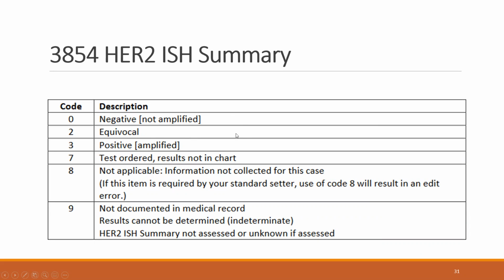You're trying to rule out if that equivocal IHC is positive or negative, and usually they can do that on a FISH. Also, remember, this is only going to be done if the IHC is borderline or positive. If that initial HER2 by IHC is negative, they're not going to do a FISH.